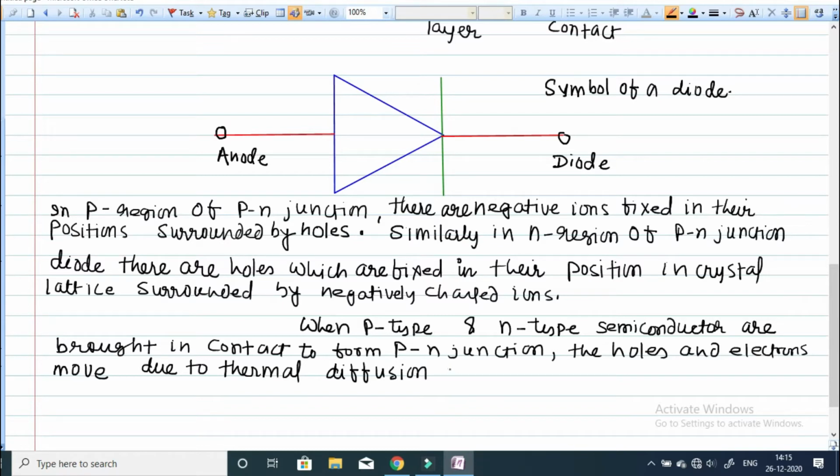So due to the thermal diffusion, the electrons and holes start moving at the junction. And at the junction, we now get the charge free region.